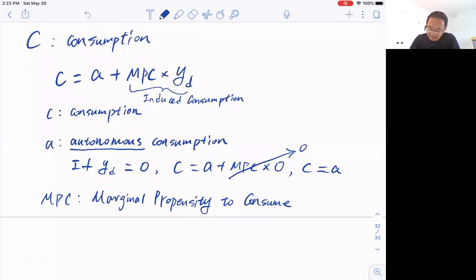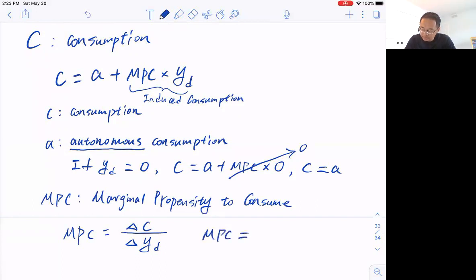And mathematically, MPC equals the change in consumption over the change in disposable income. The change is key here because MPC does not equal C over YD. That is not the case. This is wrong. It's always the change in consumption over the change in disposable income.